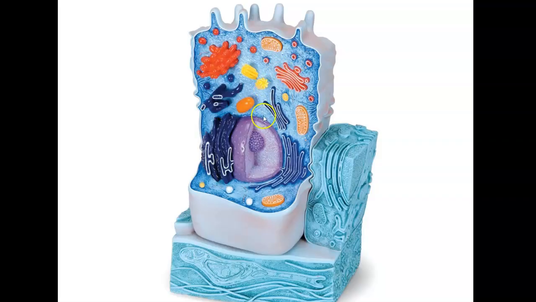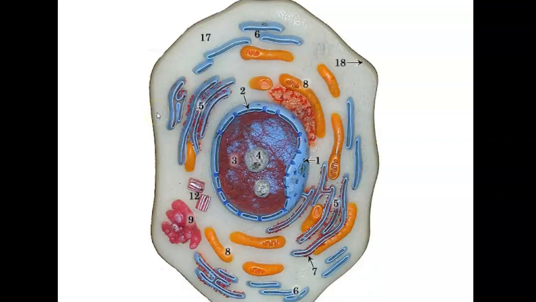Okay. The next structure are the centrioles. So you can see the centrioles here, and they are always in pairs. So these are the centrioles on this slide. And then here we have number 12. These are the centrioles, always in pairs. Centrioles are paired organelles composed primarily of microtubules that are located in the central area of the cell called the centrosome.